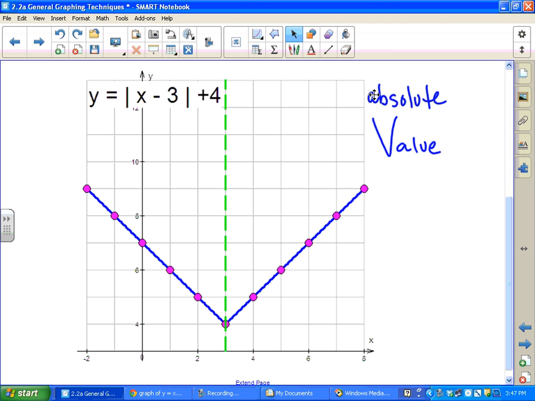The definition says it's a line of symmetry if it has a perpendicular bisector from point to point. So first, let's look at this point here, which is (1, 6).